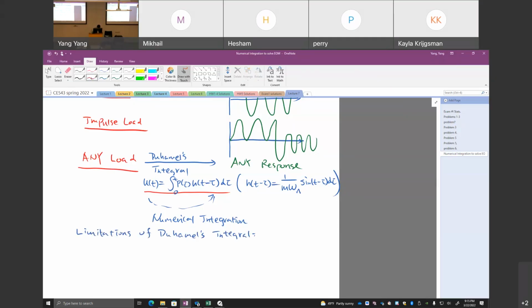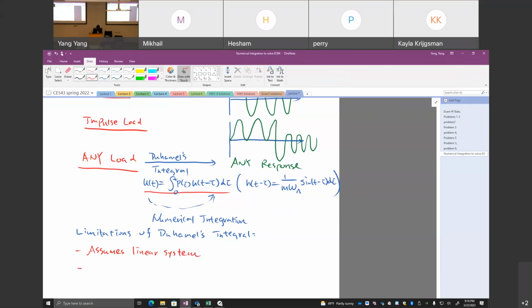The first limitation is we have to assume a linear system, because the convolution integration is based on the superposition of a linear system. If it's nonlinear, we cannot use the Duhamel integral.